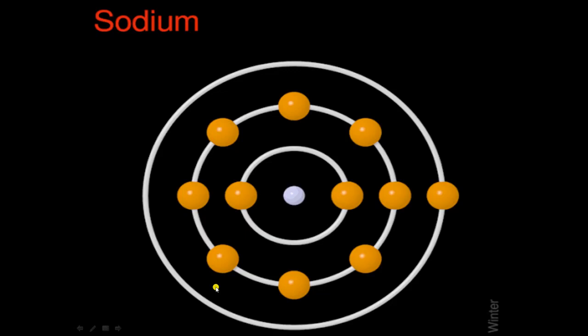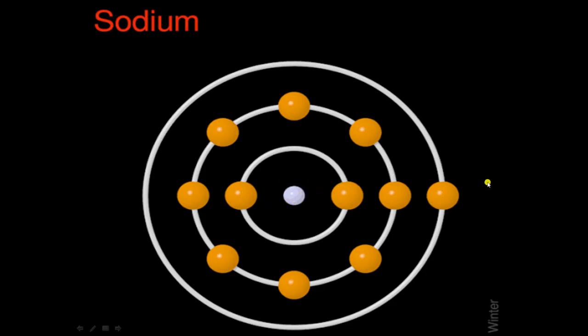Here we will take one example of sodium. This is the structure of sodium. In sodium 11 electrons are present, so these yellow spheres, can you see them? These are the electrons. In the outermost shell 1 electron is present, and the force of attraction between the nucleus and the outermost shell electron is less, and the force of attraction between the nucleus and the first shell electron is strong.